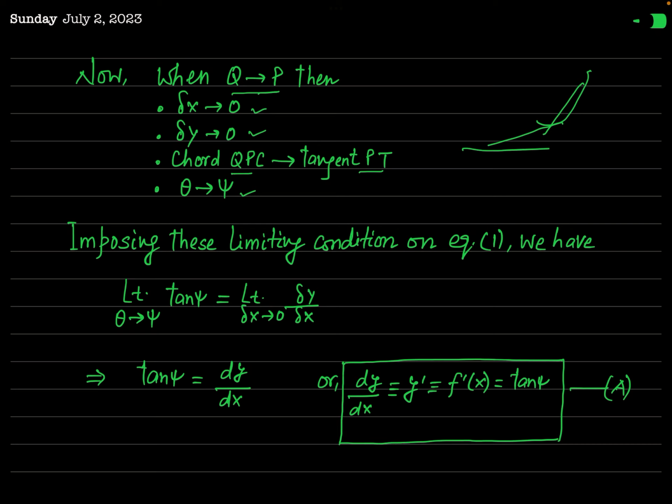And I have imposed this condition on that equation, and you get that tan psi is equal to dy by dx. This dy by dx is also written as y dashed or f dashed of x, because y is equal to f of x. So you can write dy by dx equal to f dashed of x.